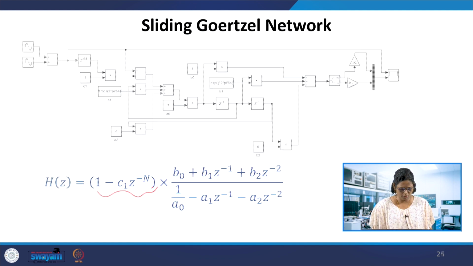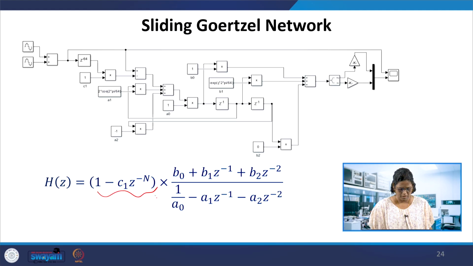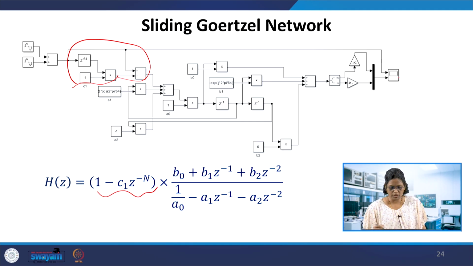In the sliding Goertzel, we just change the coefficients b1 and a1, and we have introduced this comb filter part with n equal to 64 and C1 as 1, so it stabilizes the output. But we can see in the Goertzel as well as the sliding Goertzel, because of e power j theta and cos theta, this is going to be a real number, whereas e power minus j theta results in a complex value here.